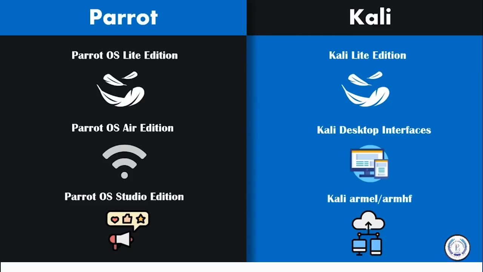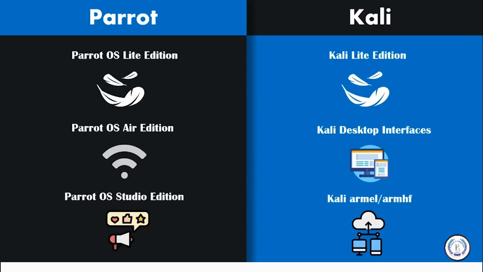Kali, on the other hand, aside from its light version and full edition, offers some desktop interfaces like E17, KDE, XFCE, Ubuntu MATE, and LXDE. These are basically just skins that run over Kali and make it look a little different from one another. You can check out all these different customizations in the Kali documentation.